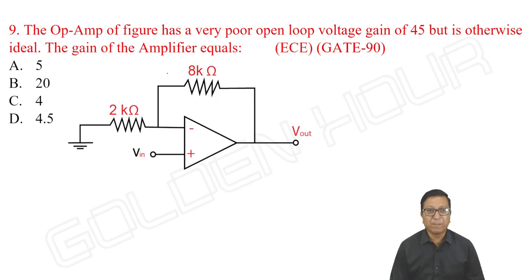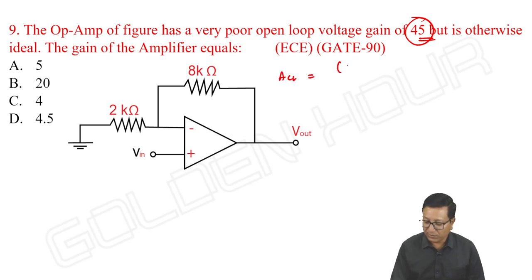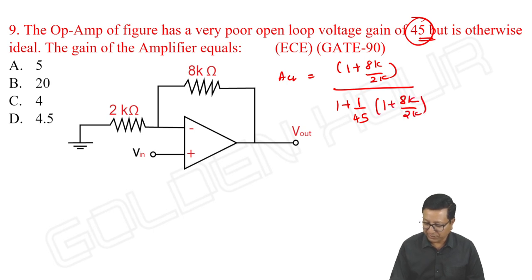So an ideal op amp of figure has a very poor open loop gain, 45, but is otherwise ideal. The gain of the amplifier, see, the gain is less. So what you have to do is the exact method. The closed loop gain is equal to (1 plus 8k by 2k) by (1 plus 1 by (45 into 1 plus 8k by 2k)).